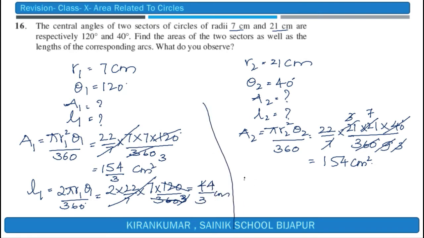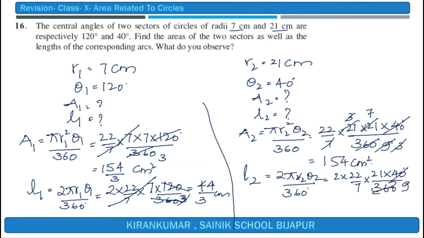Let's find out L2. L2 will be equal to 2 pi r2 theta 2 divided by 360 degree. This will be equal to 2 times 22 by 7 into 21 into theta is 40 degree by 360.